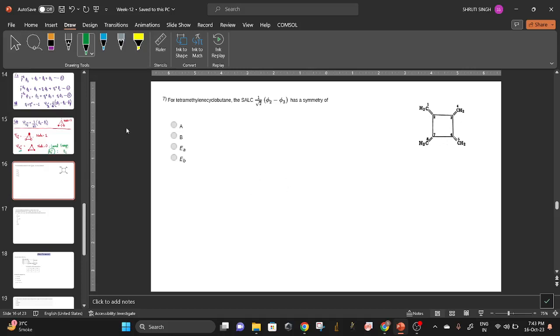Now this question, for tetramethylene cyclobutane, the SALC has a symmetry.